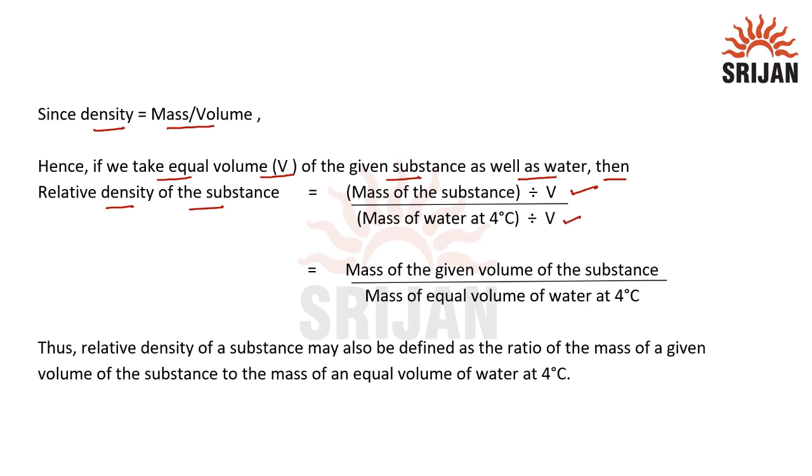And since both the volumes are same, we can cancel it out and relative density of substance will be equal to mass of given volume of substance divided by mass of equal volume of water at 4 degrees Celsius. Thus, relative density of a substance may also be defined as the ratio of mass of a given volume of substance to the mass of equal volume of water at 4 degrees Celsius.